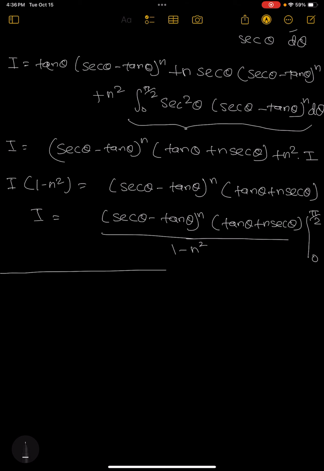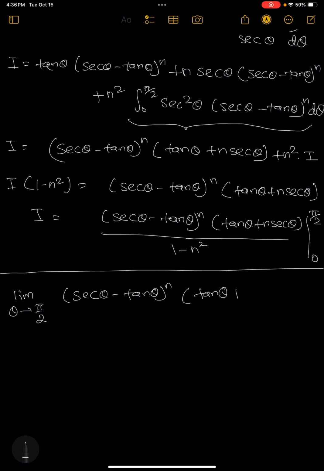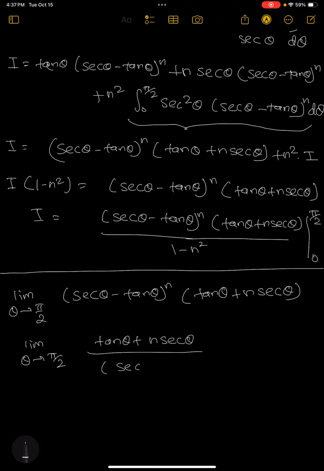So let's see how to evaluate this. Now let me do a separate section. We basically want to find the limit as theta goes to pi by 2 of this whole expression. And there's also this other expression, which also goes to infinity, and this also goes to infinity, right? Now, how we can simplify this is, I'll try to write it as (tan theta plus n sec theta) divided by (sec theta plus tan theta) to the power n.